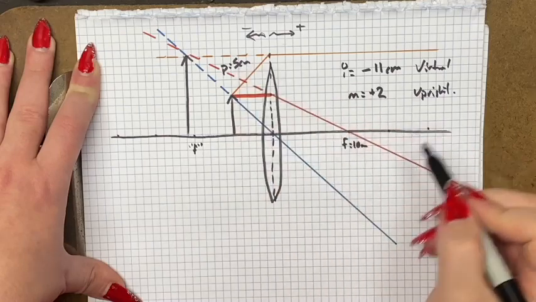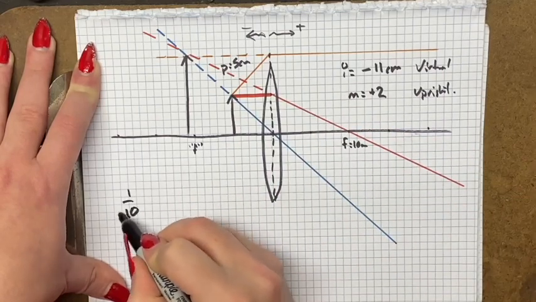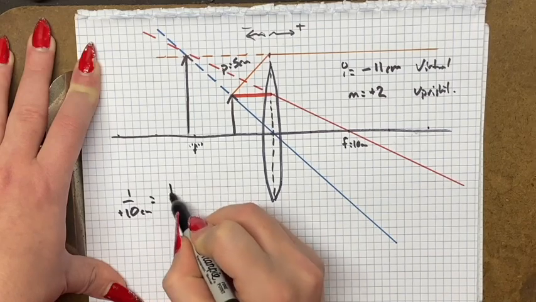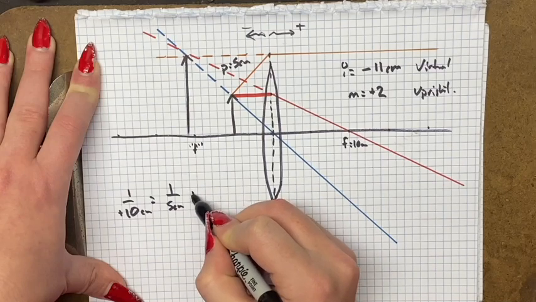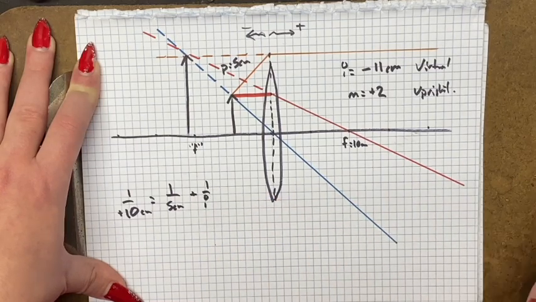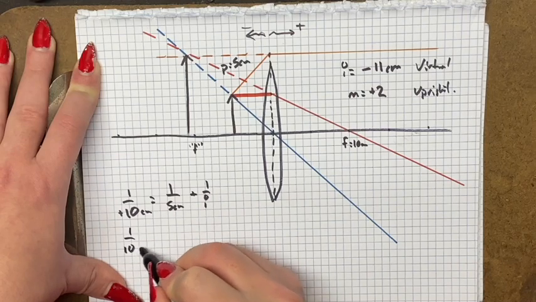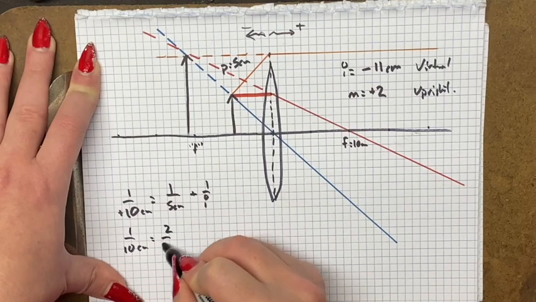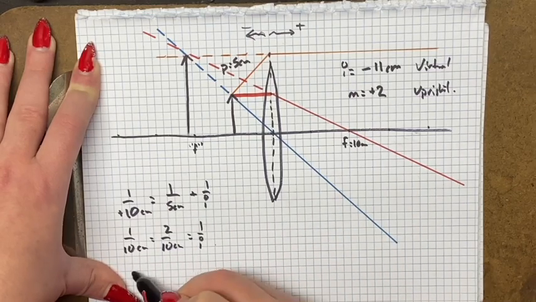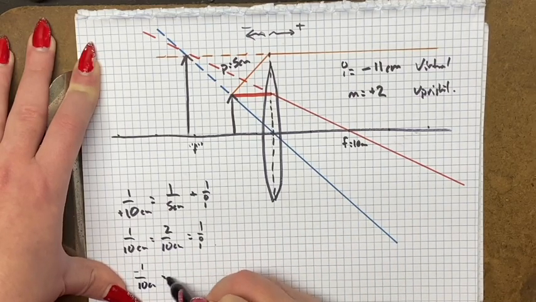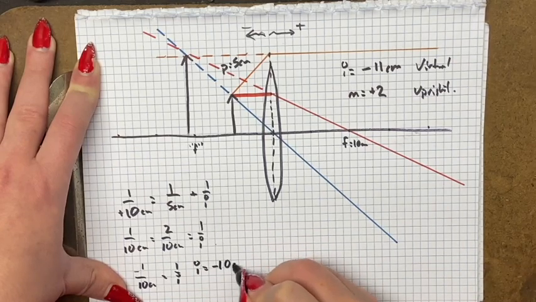So I think P was 5 and F was plus 10. So 1 over 10 equals 1 over P, which was 5. It'd be nice if I had 10s here, so we'll rewrite as 1 over 10 equals 2 over 10. And then 1 minus 2 is -1, so -1 over 10 equals 1 over I. The image should have been at minus 10 centimeters.